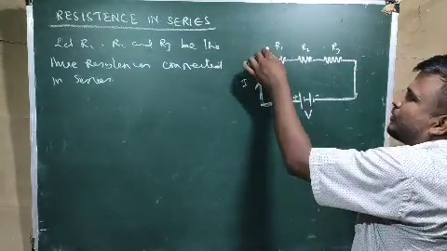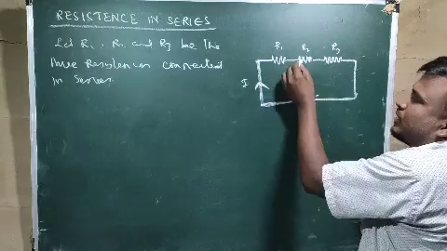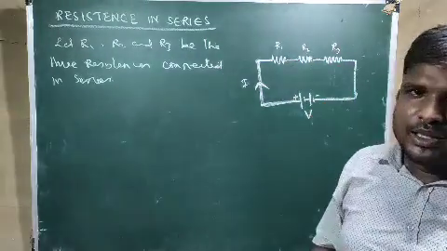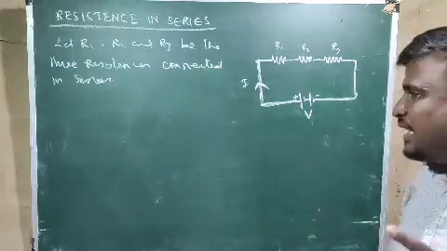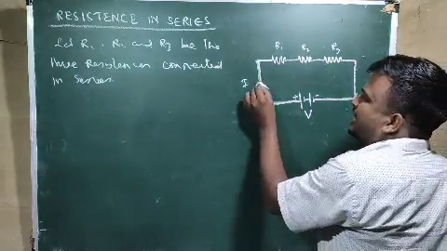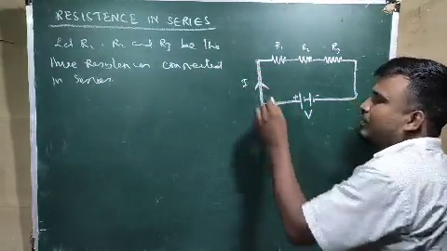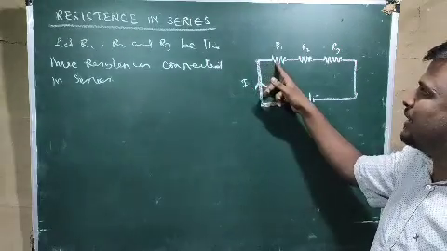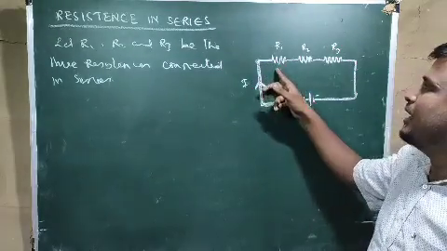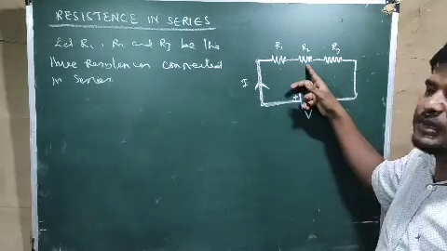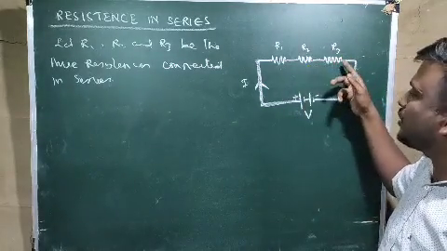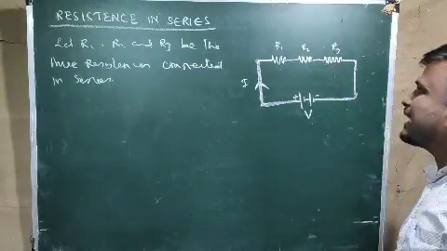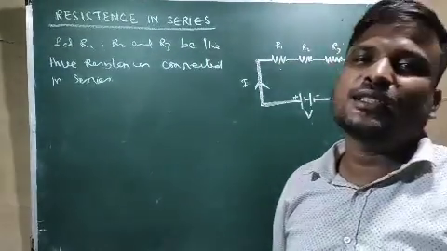Whatever water goes through the river will remain the same. All this water will pass through bridge 1, and that water will also pass through bridge 2, and all the water will also pass through bridge 3. If that happens, then we can say these three bridges are in series combination.